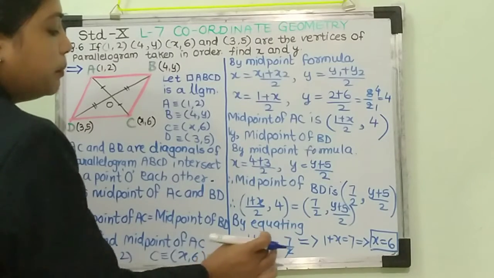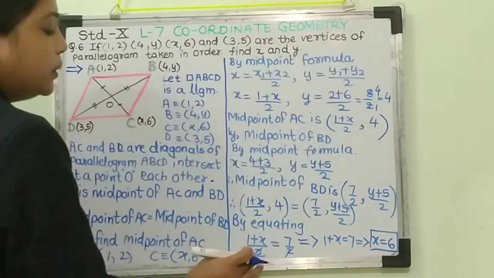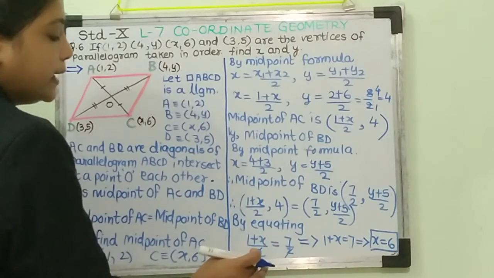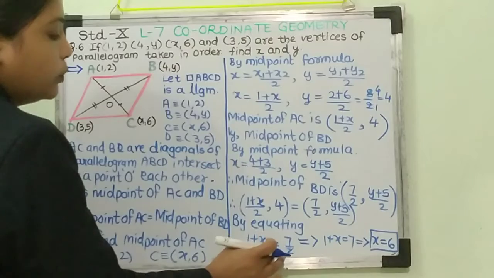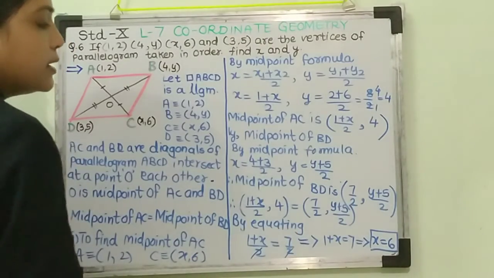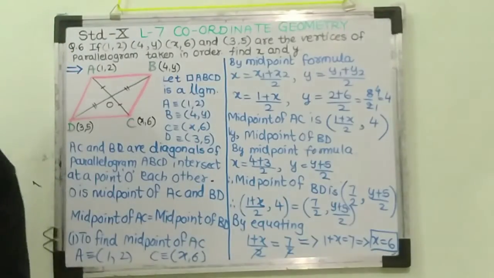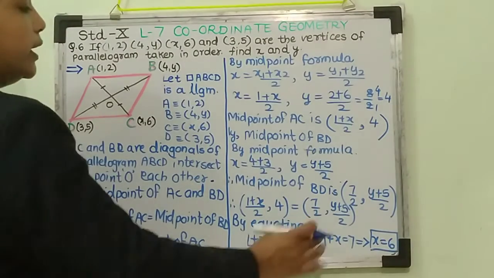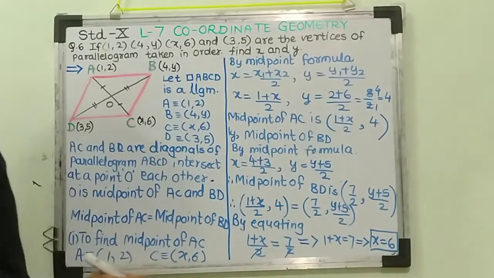I get 1 plus x upon 2 equals 7 upon 2. 2 will get cancelled. x equals 7, 1 goes to this side, it becomes minus. So here we get x equals 6. Similarly, we are going to equate the y coordinate.